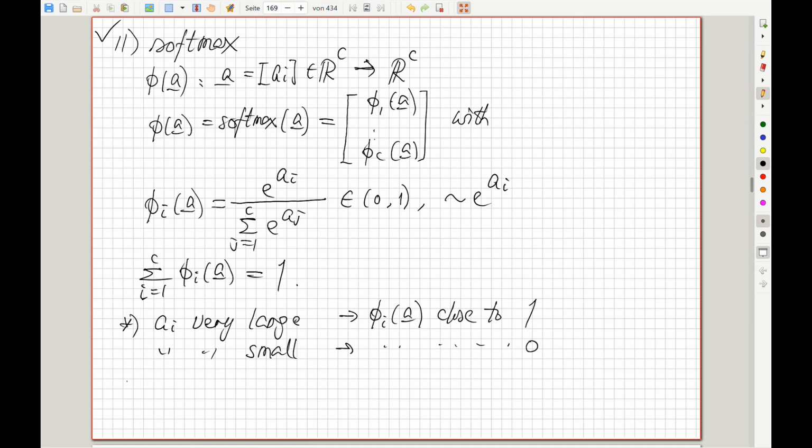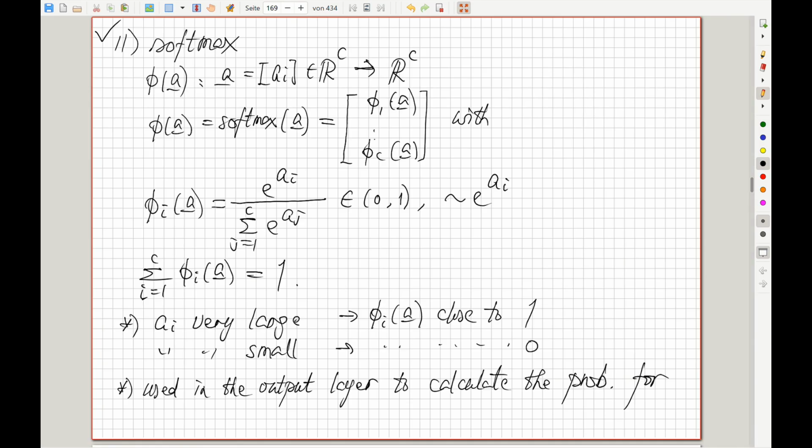And this softmax activation function is always used in the output layer, that's the last layer with layer index capital L, to calculate the probabilities for classification problems only.